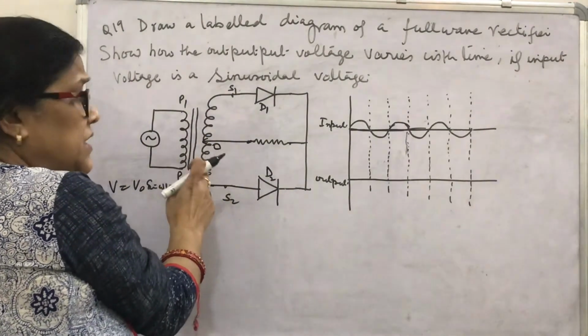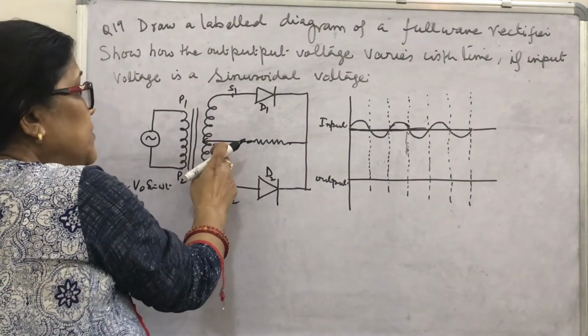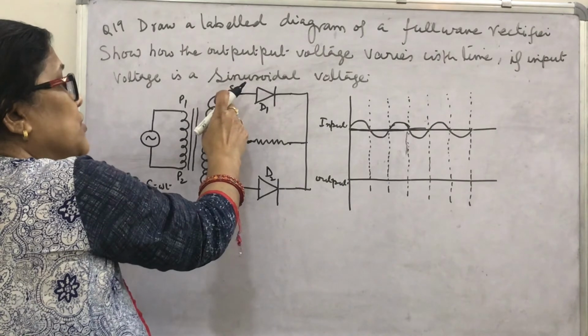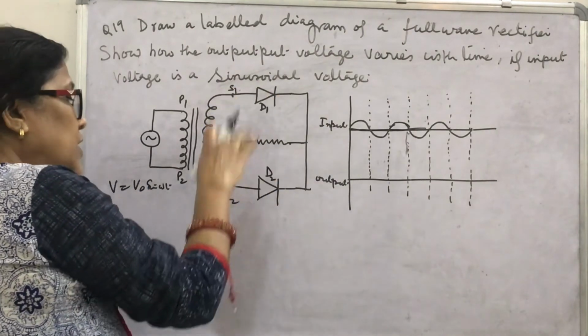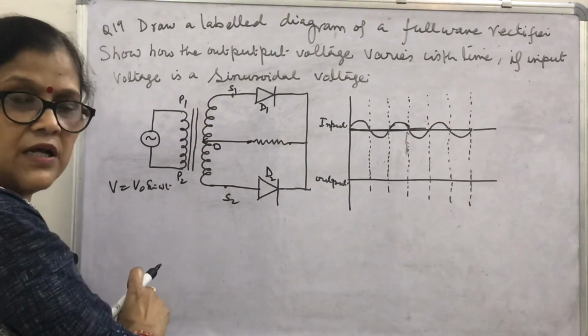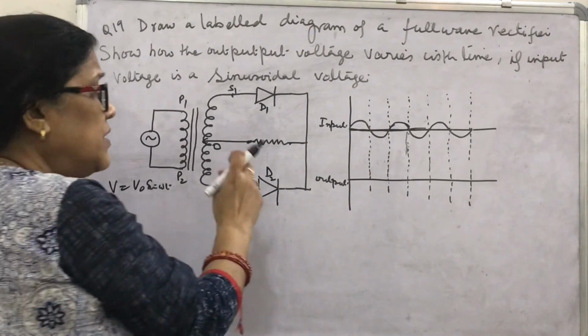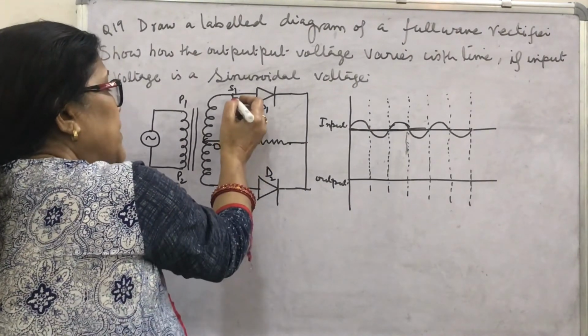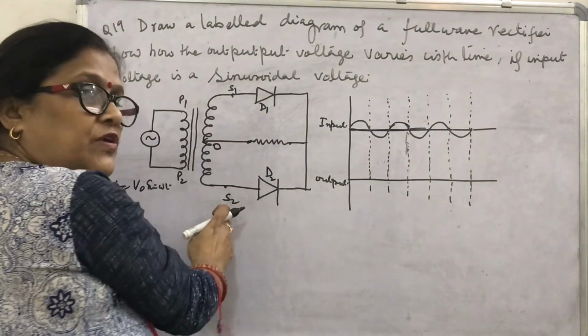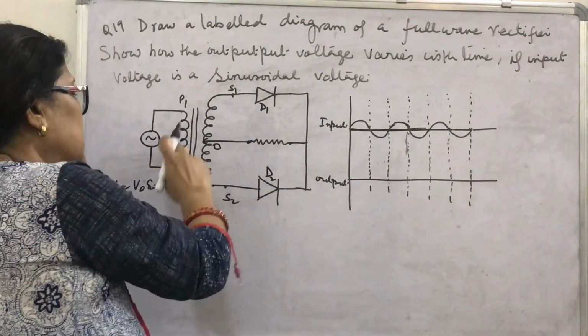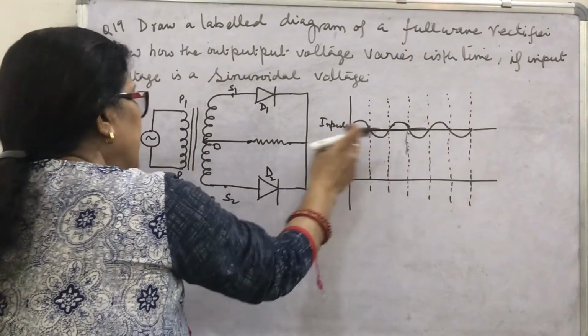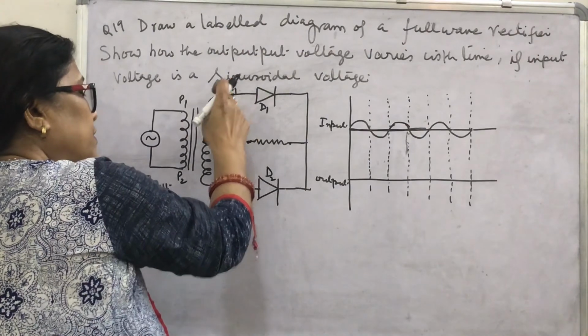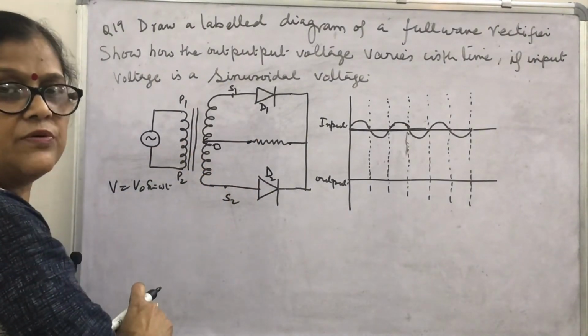What is the role of central tapping here? With respect to O, whatever will be the positive potential of S1, equally negative will be the end S2. So look here, when S1 is positive, S2 will be negative, and for the second half cycle of the input, when S1 is negative, then S2 will be positive.